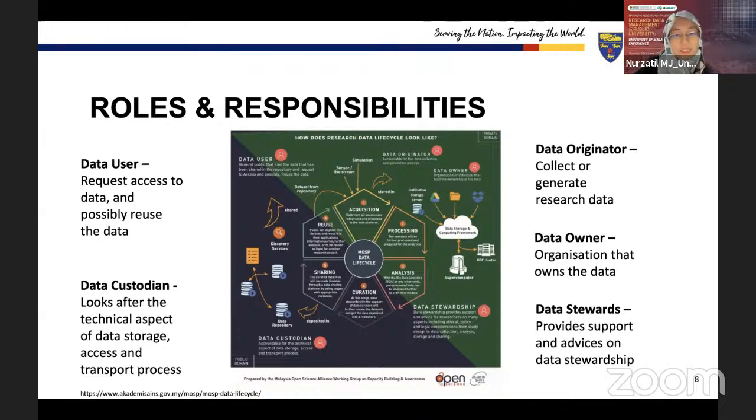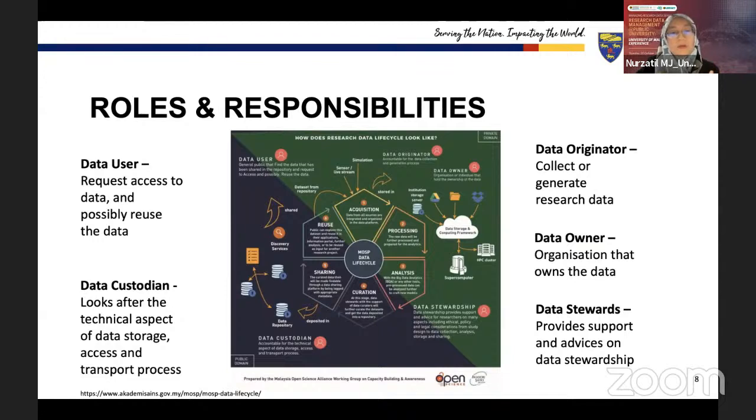And then we also have the data custodian, the IT people, who are accountable for the technical aspects of data storage, access and transport processes. That really means they look after the platform, the mechanisms and the processes, to make sure that we have different levels of data, and this data will have different levels of security as well.